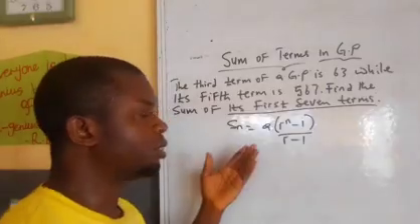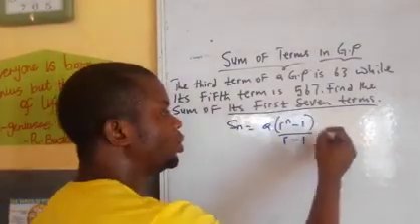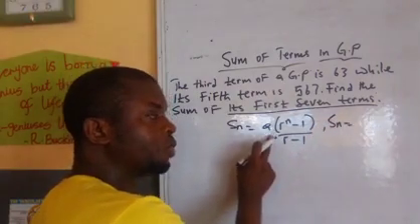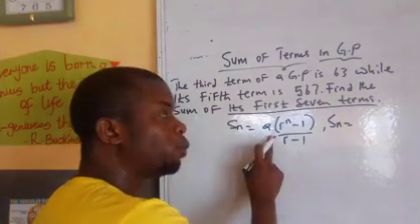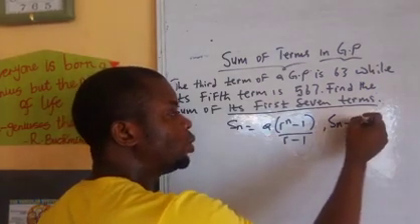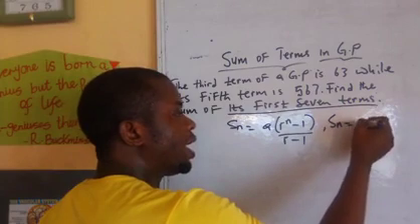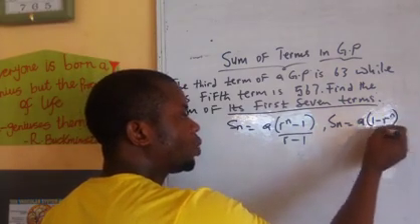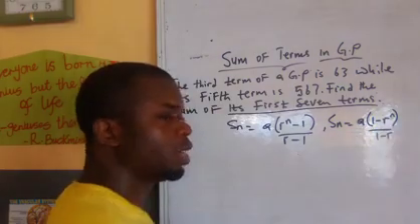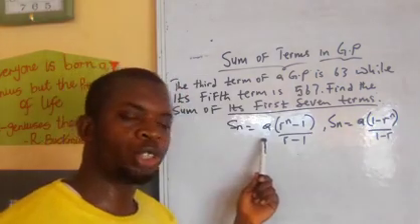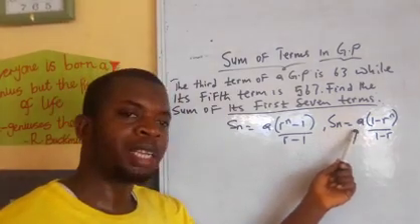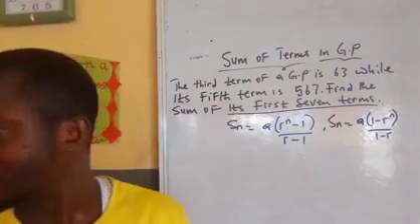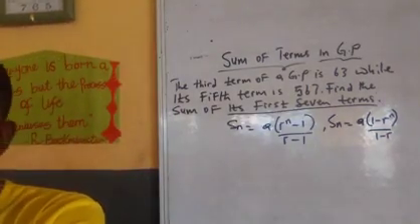We use this when the ratio is greater than 1. When your ratio is not up to 1, then you have to use a bracket 1 minus r raised to power n bracket close over 1 minus r. So this formula is for when your ratio is greater than 1. This formula is when your ratio is less than 1. Okay, so we are going to use it and you're going to see how it goes.